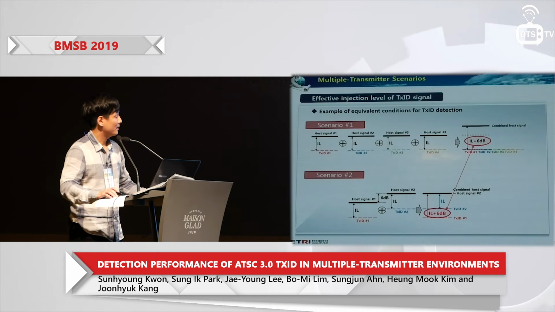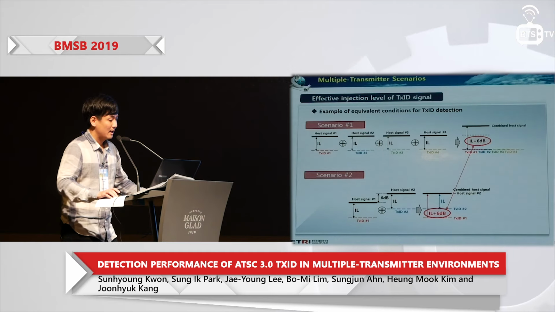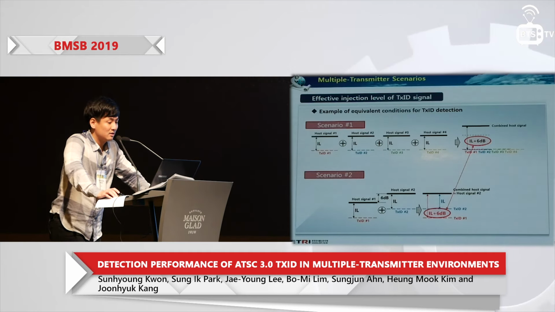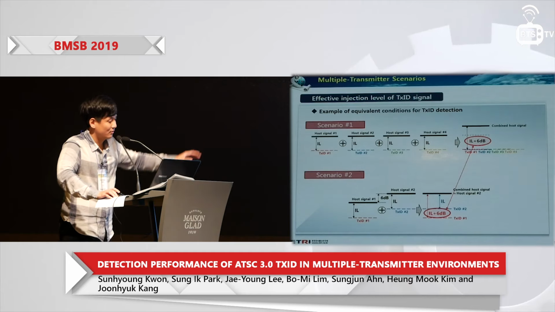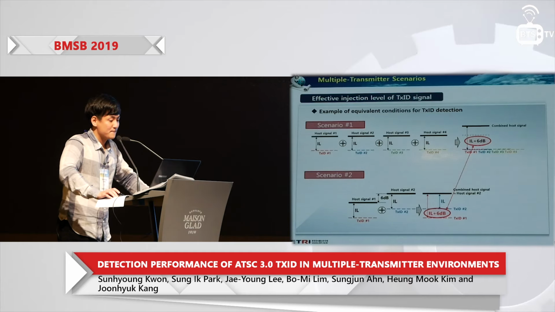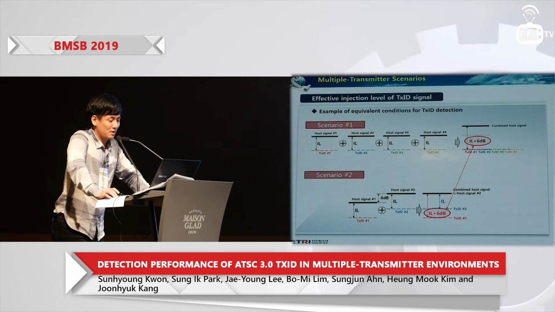So here's another example. If we look at the second scenario first, the power difference is, we assume, 6 dB.